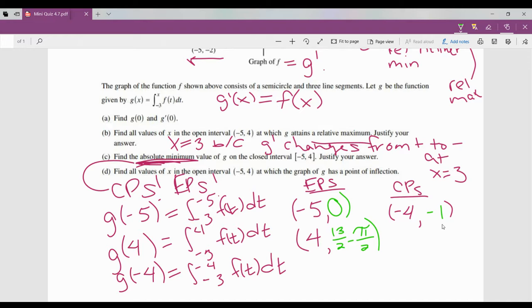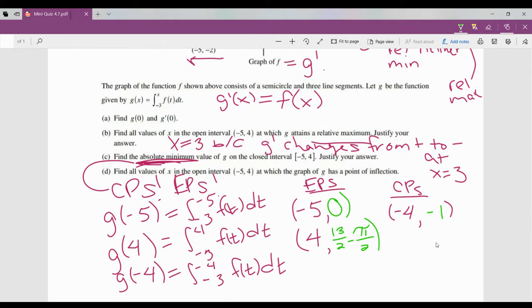So when you think about it in general, when we're talking about the absolute min, we've got 13/2 minus pi/2, so that's like 6.5 minus 13, pi is 3.14 divided by 2, so like 1.5-ish, so 6.5 minus like 1.5, that's not going to give me a negative number.